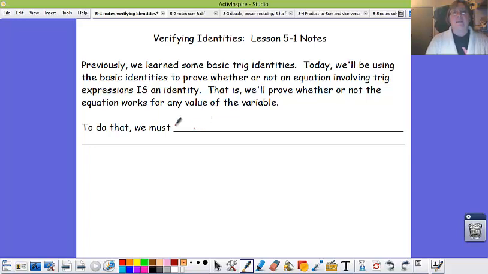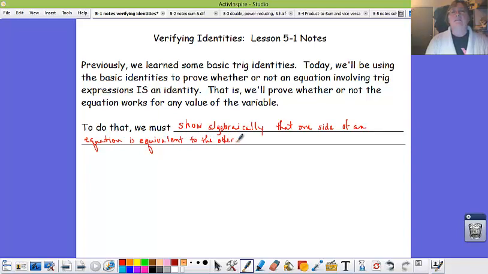So if we're going to do that, we have to show algebraically that one side of an equation is equivalent to the other side. That is, has the same value.